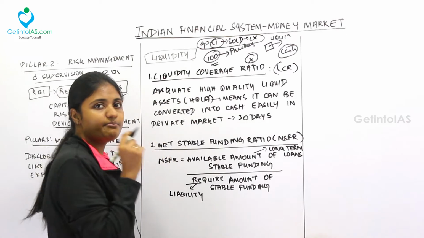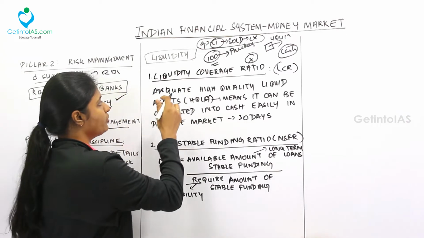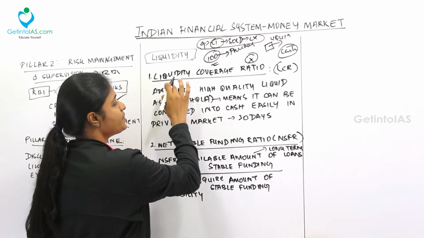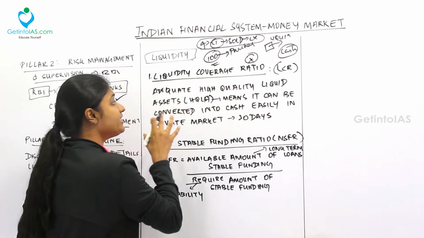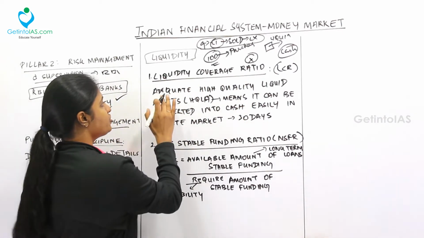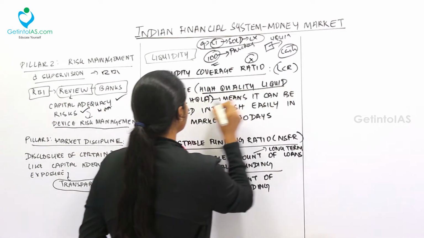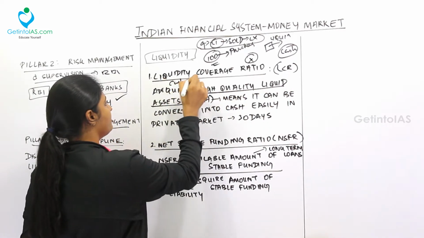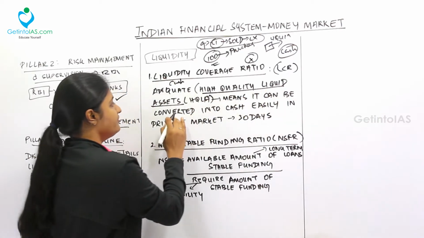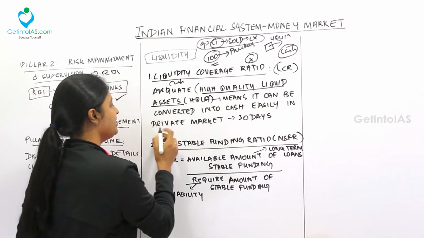In the same way, banks have to maintain a certain amount of liquidity, called the liquidity coverage ratio, to tackle the risks. Fine. So adequate high quality liquid assets, that is why it is called high quality liquid assets, in cash form. It means it can be converted into cash easily in the private market.